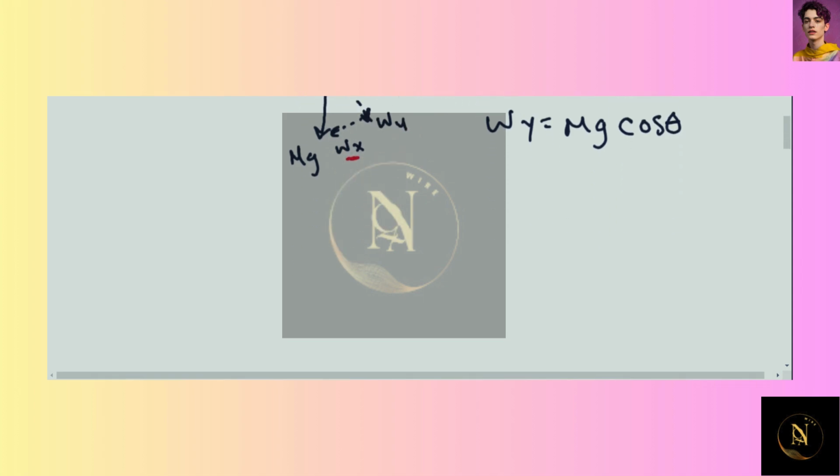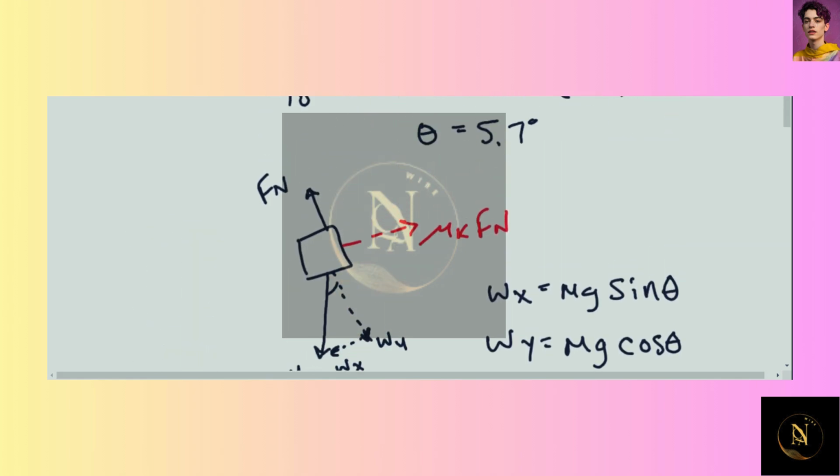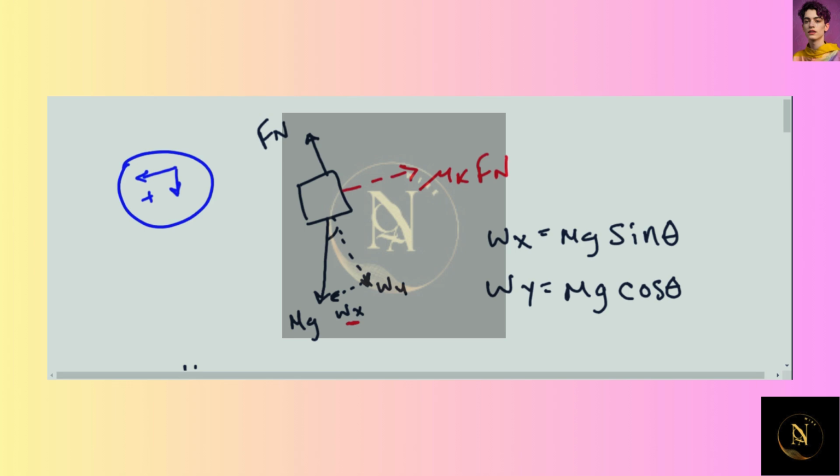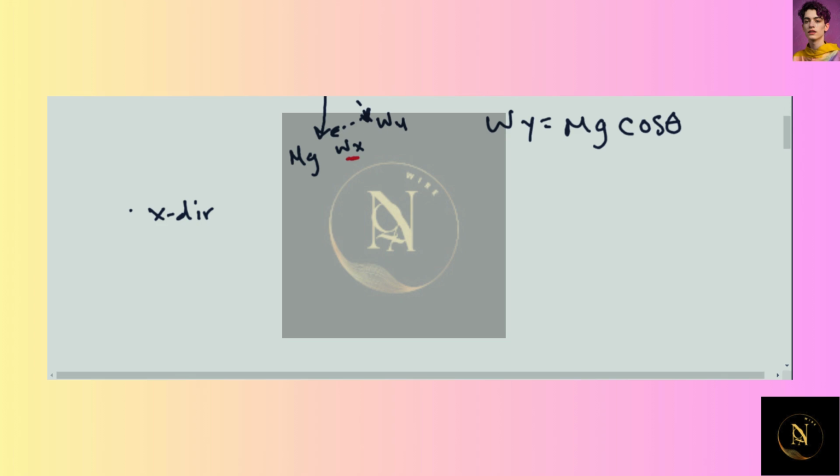So now let's look at the forces in the x direction, because that's where the acceleration is, since the movement is in the x direction. If we say that going down the slope is positive, then looking at the forces, we have wx pointing left, positive, and the kinetic friction going to the right, which is negative.